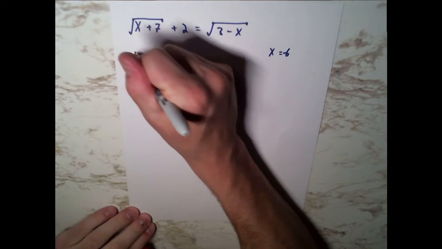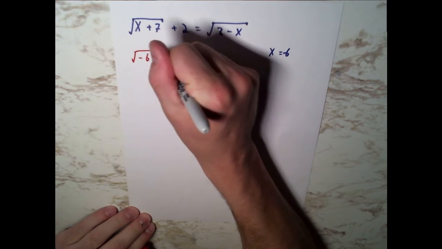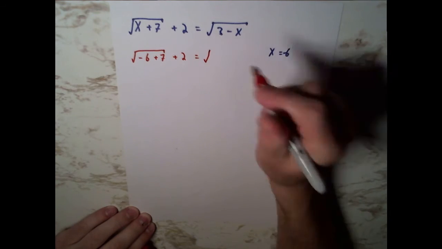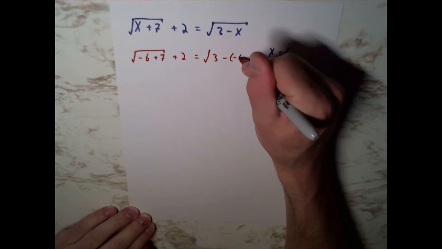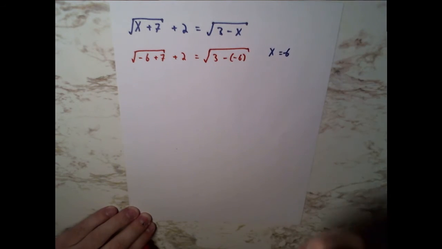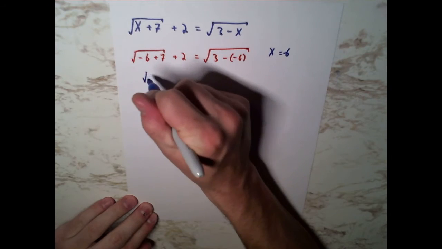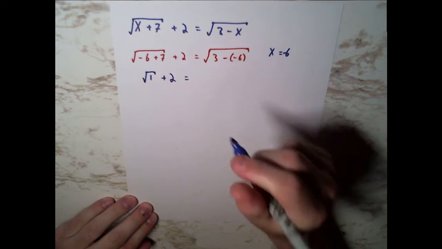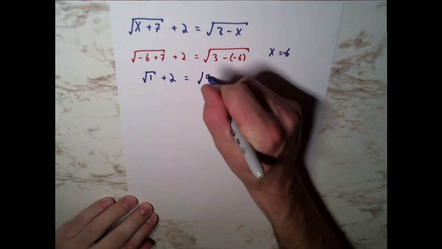I'm going to have the square root of negative 6 plus 7 plus 2, and that's going to equal the square root of 3 minus negative 6. And let's simplify a little bit. So negative 6 plus 7 is 1, so we have the square root of 1 plus 2 equals 3 minus a negative 6, which is going to give us a positive 9.